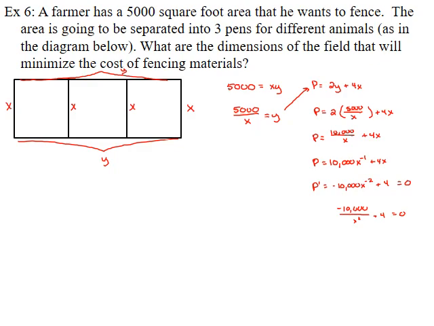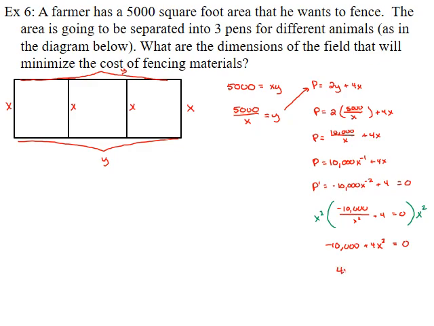I don't like the fraction, so I'm going to multiply everything by x squared, which is going to give me a negative 10,000. That x squared cancels. x squared times 4 is 4x squared, and then 0 times x squared is still 0.